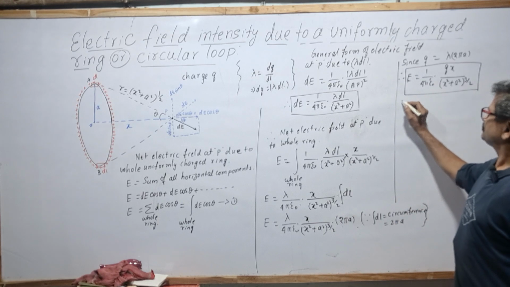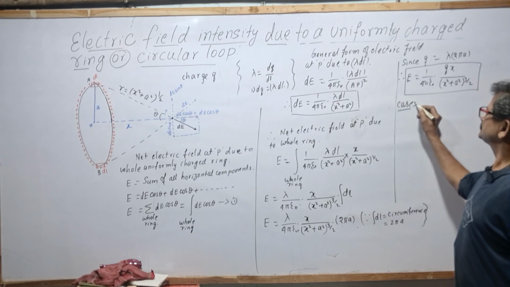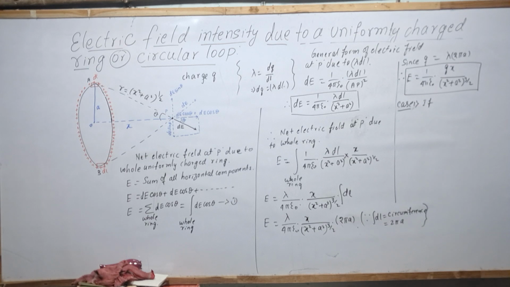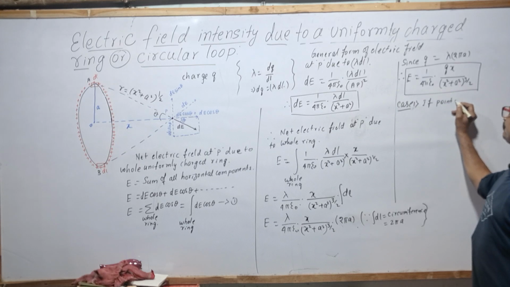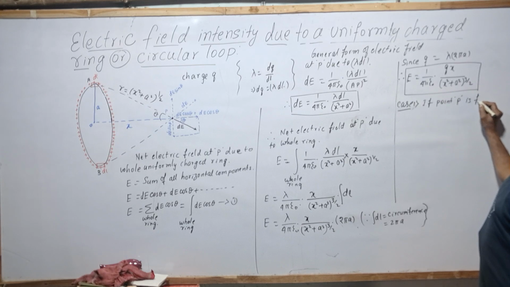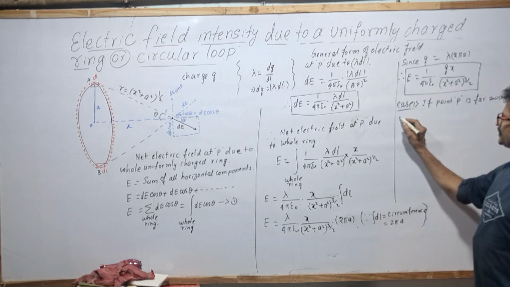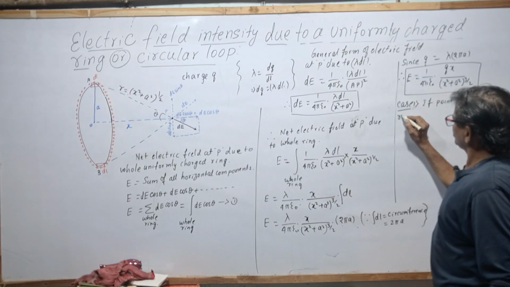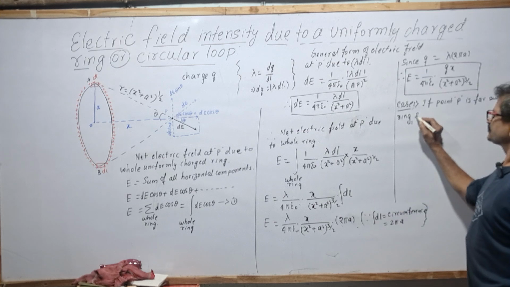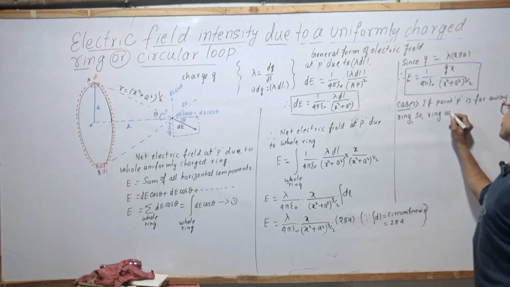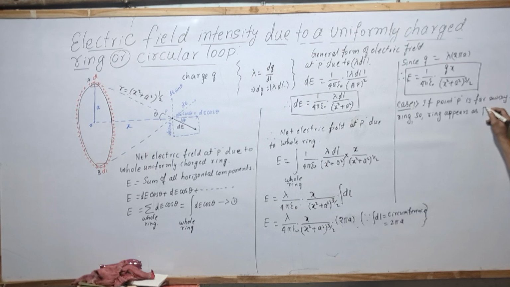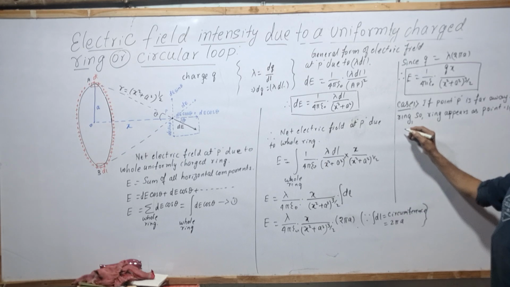But here some cases are there. Case 1: if point P is far away from the center of the ring, the ring appears as a point.